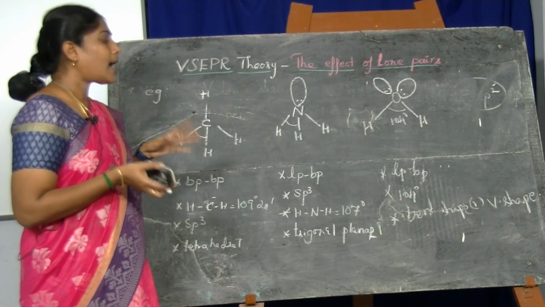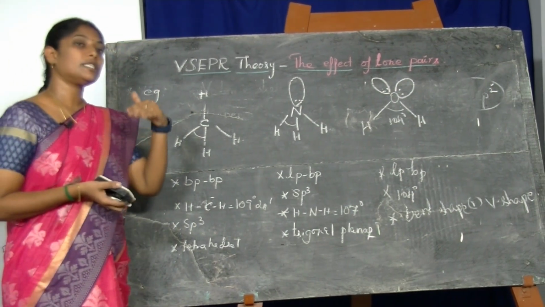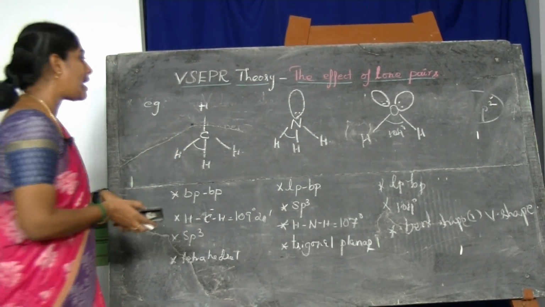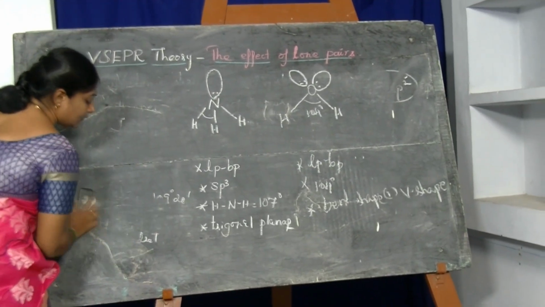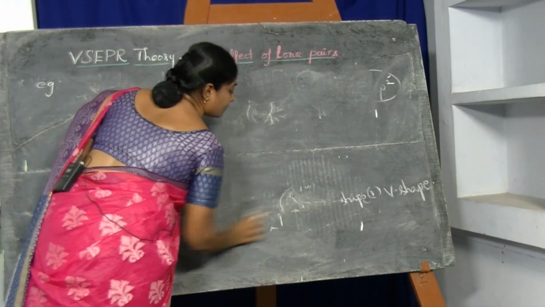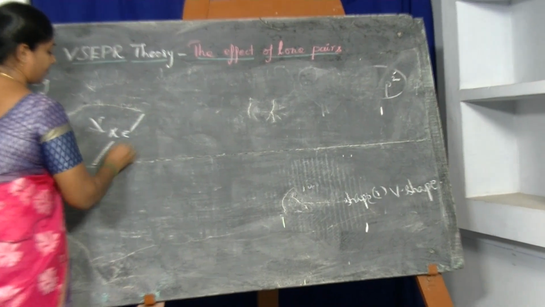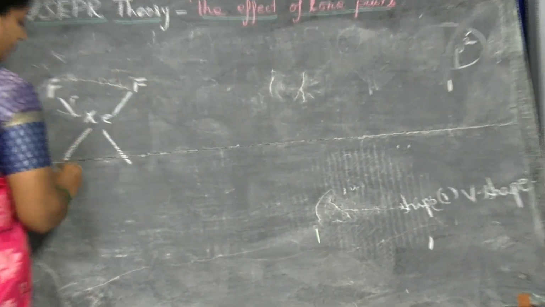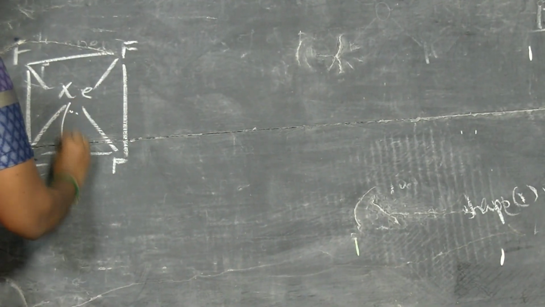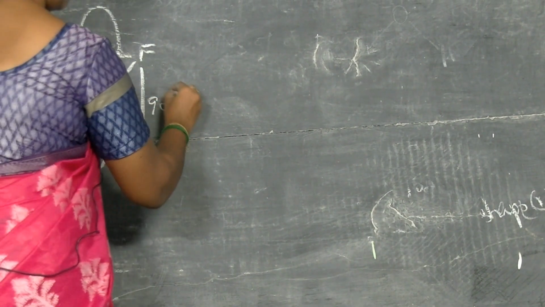Another case is that if the lone pairs are present trans to each other, opposite to each other, then there is no change in the bond angle. I will give you an example.